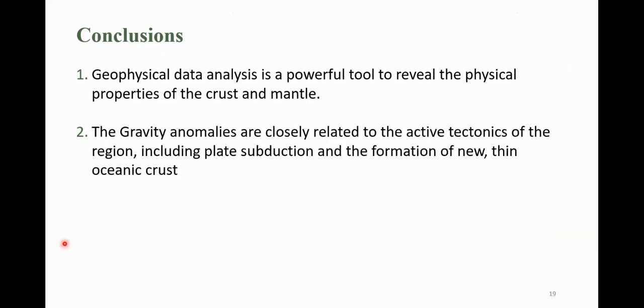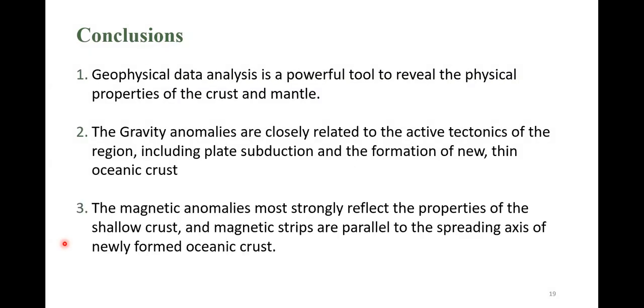Then, that the gravity anomalies are closely related with the active tectonics of the region, as we could see the morphology of the subduction zones, the formation of new thin oceanic crusts, and the deformation of the Sonda plate because of the tectonic evolution of the area. And finally, that the magnetic anomalies are strongly related with the properties of the shallow crust, and the magnetic stripes are parallel to the spreading axis of newly formed oceanic crust.